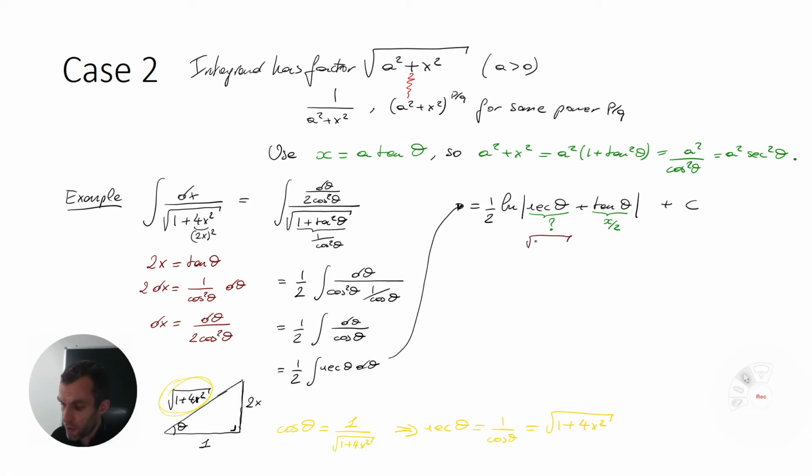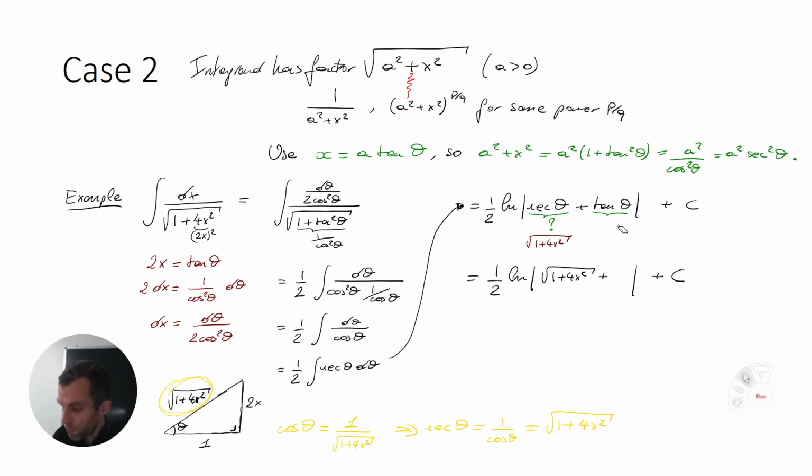I know that secant is the square root of 1 plus 4x squared, and I can put everything together to get 1/2 logarithm of the absolute value of the square root of 1 plus 4x squared plus x divided by 2, plus a constant. And I made a small mistake here. This should not be x over 2.